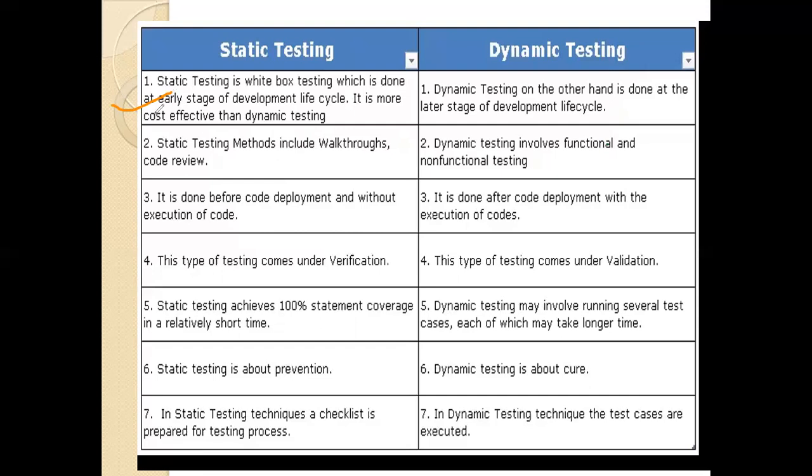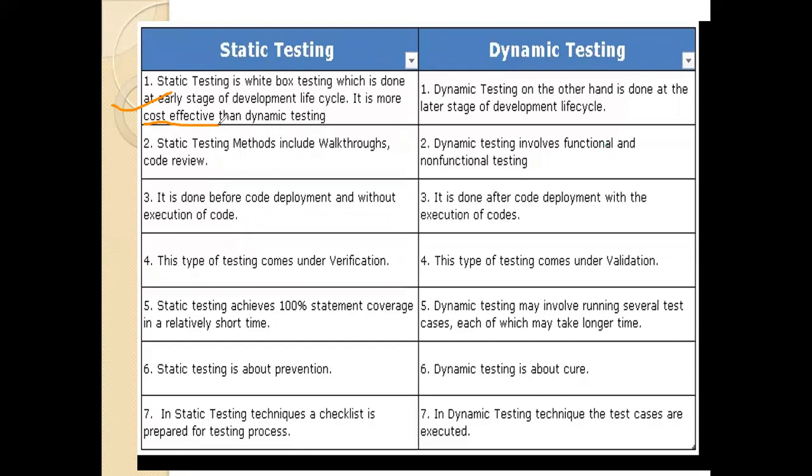It is more cost effective than the dynamic testing. Why is it cost effective? Because if you find any kind of error or mistake or any kind of misbehavior, it will be recognized at the early stages only.